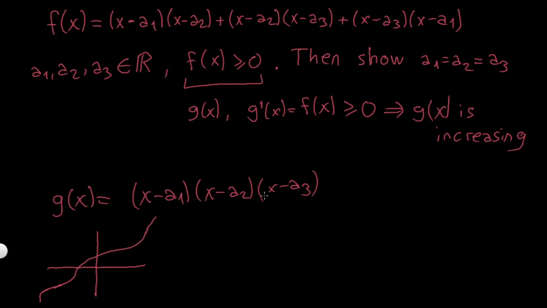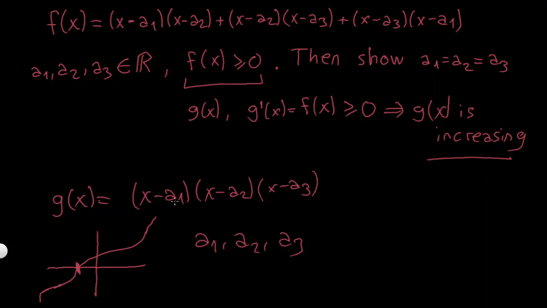Every cubic function has at least one real root, and it has to be only one root because this function is increasing. So therefore now I have only one root, and from here I know that I have roots a1, a2, a3, because if I put x equal to a1, I'm going to get 0. So if I put x equal to a2 or a3, I'm going to get zeros.